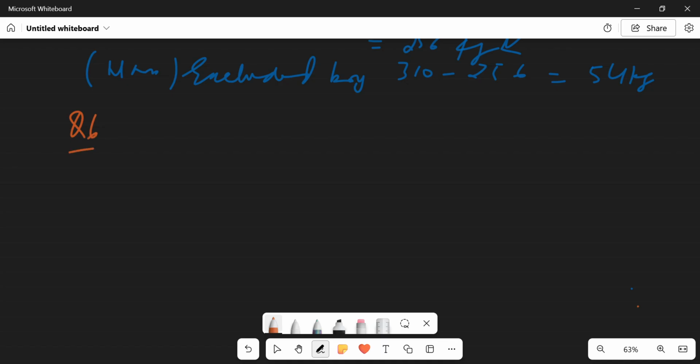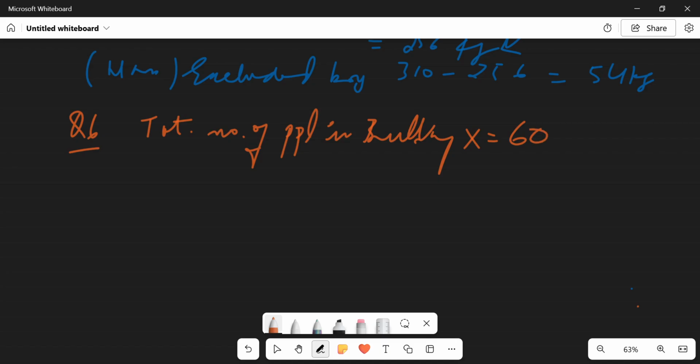The total number of people in building X: it's written in the question, 60 units, so 60 times 3, because each unit of building X has 3 and Y has 4. So the total number is 180.